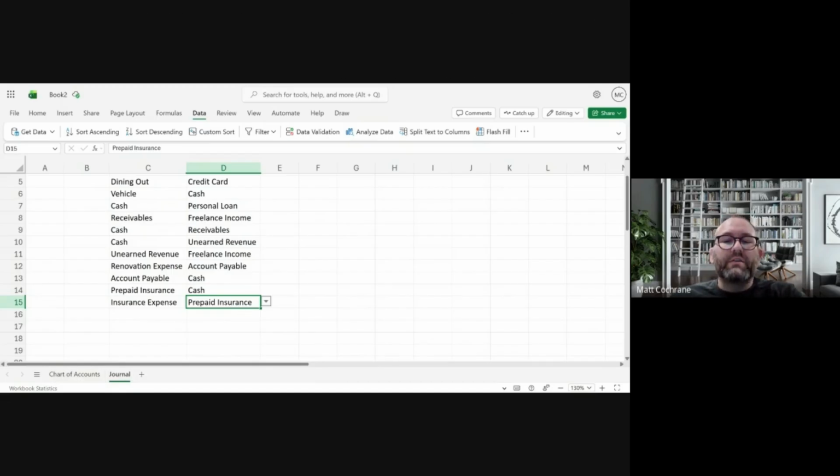All right, so let's take a step back. Every entry you just saw uses the chart of accounts. Okay, this is why the chart of accounts is so important, because we're selecting it from that menu. It follows the double entry rules. For every debit, there's a credit, and it captures completely our economic reality.